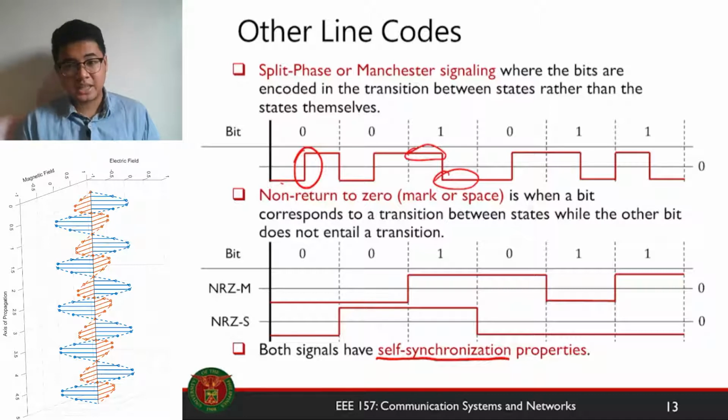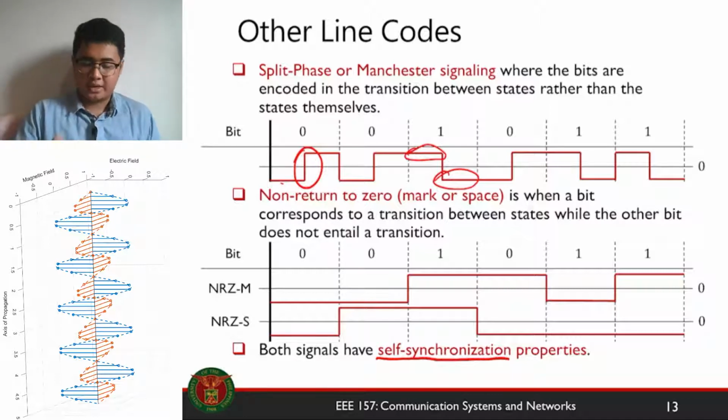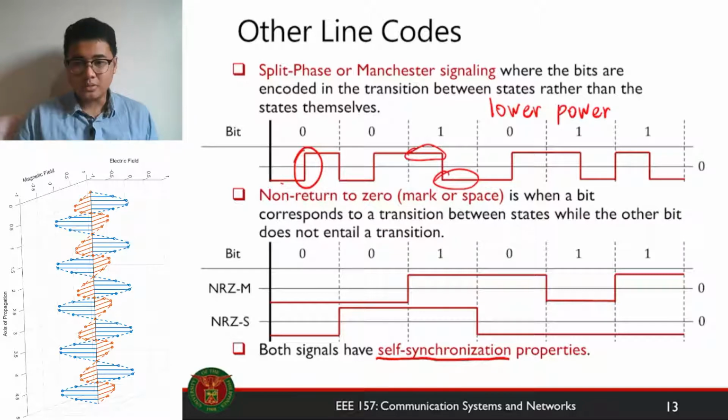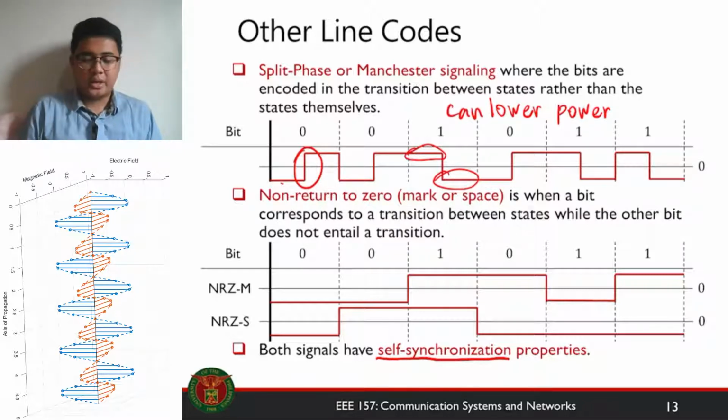Another advantage of this is that it can use a low power. I forgot to put it here. I apologize for that. Okay? Since we're encoding between transitions, you only need to track that transition using an edge detector or whatnot.